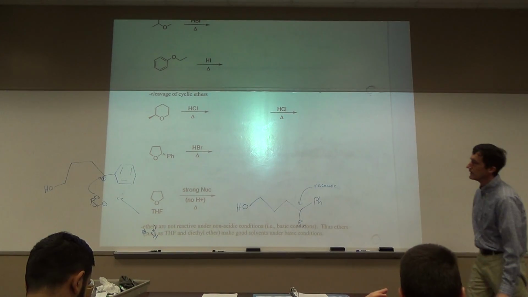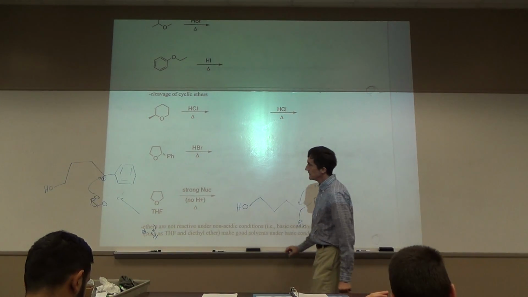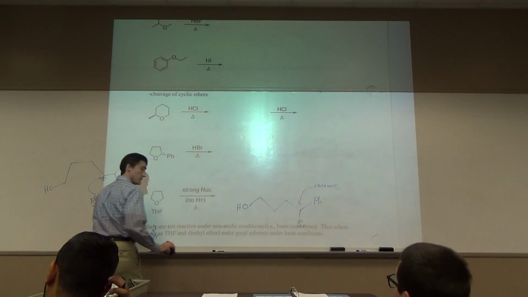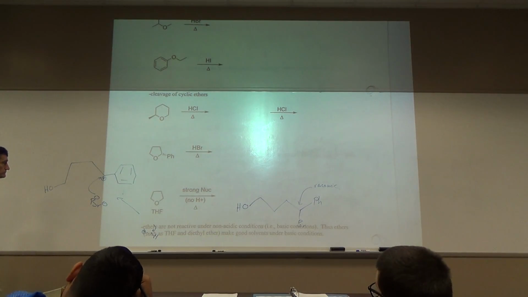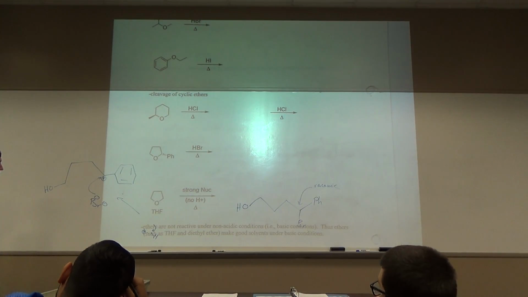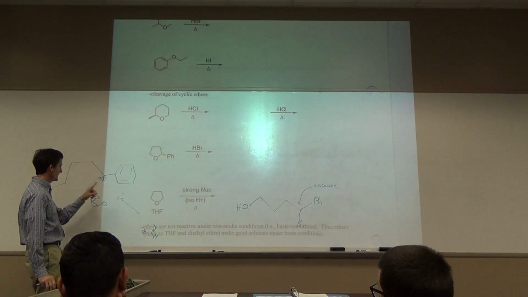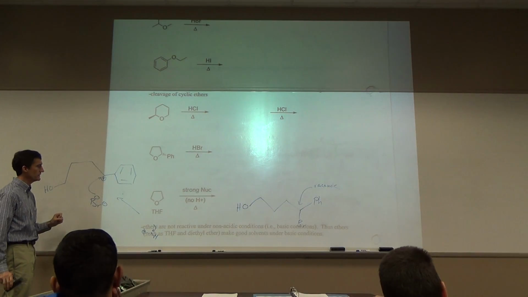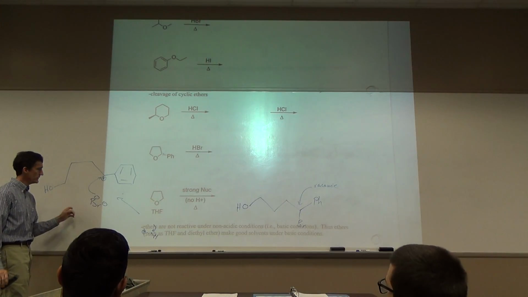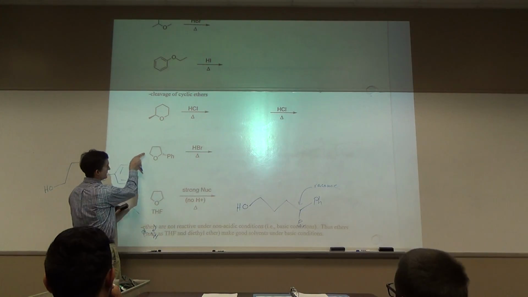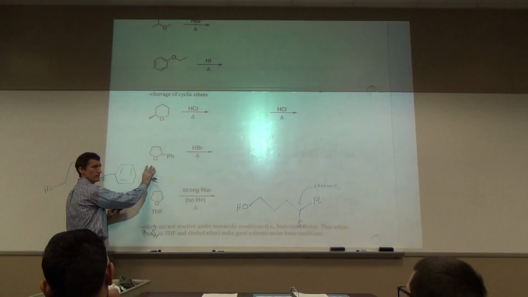How do you know something like that would happen, as far as it opening up to form that? Knowing absolutely that this is going to be the product, again, you may get mixtures of your mechanisms. You may get a competing SN1 here. You could maybe get some SN2 and end up with the bromine attacking here and that type of product.